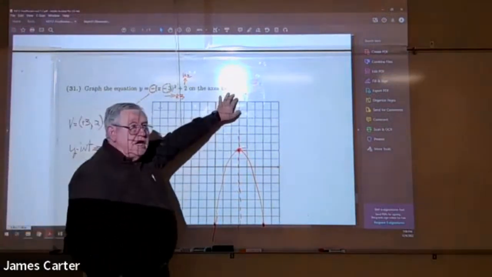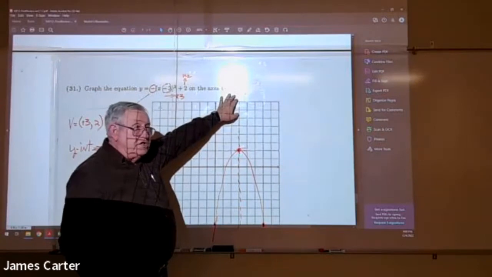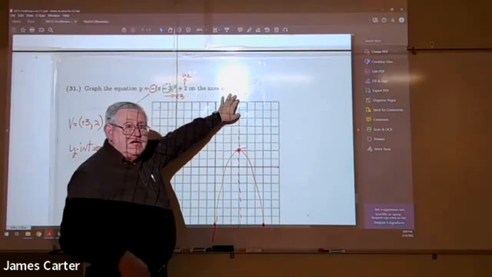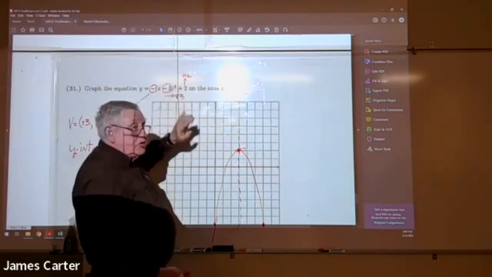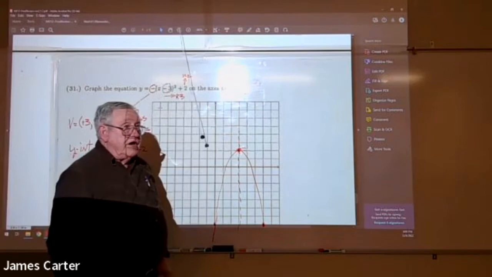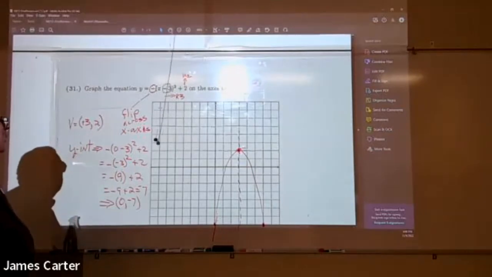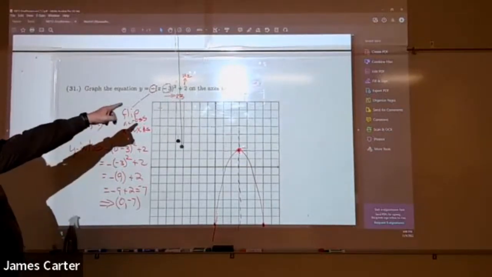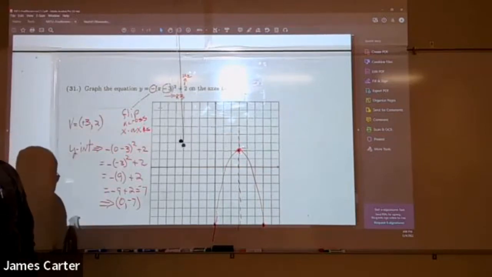Now, if it said find the x-intercepts, or find the solutions, or find the roots, or find the zeros, then we would actually have to find the x values. Okay. Which one would be? Well, the way you would do that is I would multiply this out, add 2 to it, and then use the quadratic formula or factor it.